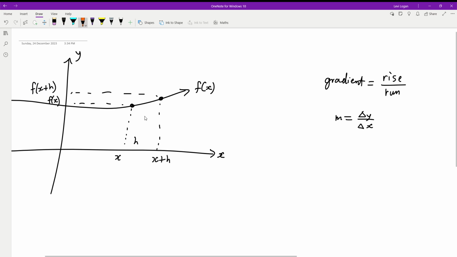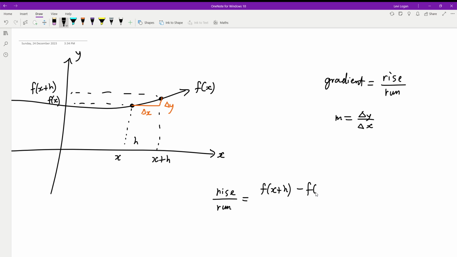So now I can actually work out a gradient here because I have a change in x and a change in y. Okay? So my rise over run will be the following. So how much I've risen, I've gone from f of x to f of x plus h. So that will be the difference of f of x plus h minus f of x. So that will be the length of this triangle here, that bit there.